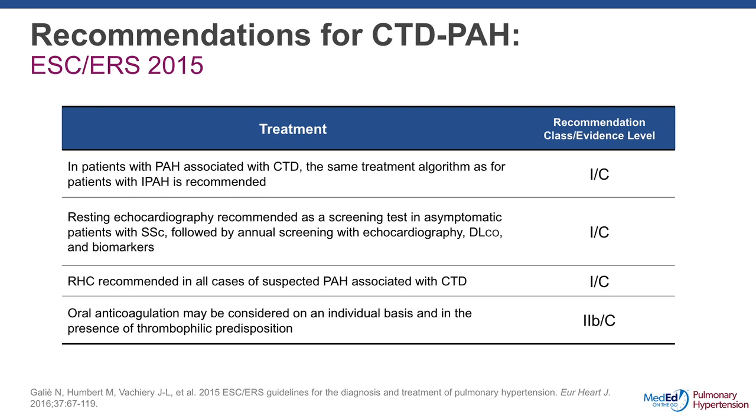The other class 1 recommendations include resting echocardiography as a screening tool in asymptomatic patients with systemic sclerosis, including annual echocardiography, diffusing capacity, and biomarkers such as BNP or NT-proBNP. And in cases of suspected PAH associated with connective tissue disease, the recommendation is for right heart catheterization. Again, these are all class 1 recommendations, although with level C evidence.